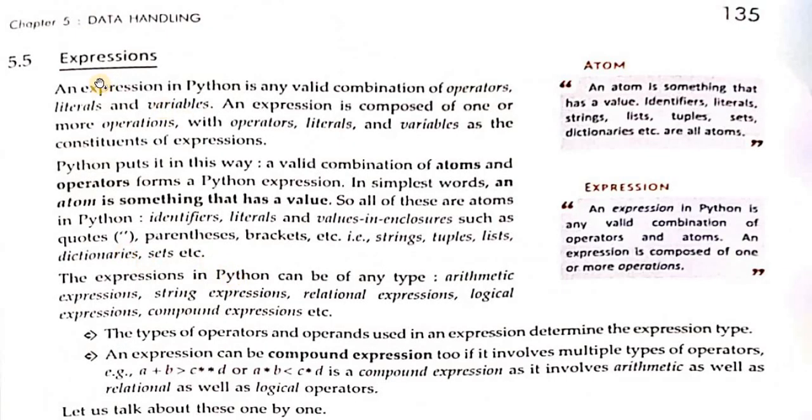Now the next topic is expression. An expression in Python is any valid combination of operators, literals and variables. When you form an equation, that is also called an expression, like the equations we generally use in mathematics. The expression is composed of one or more operations, with operators, literals and variables as the constituents.